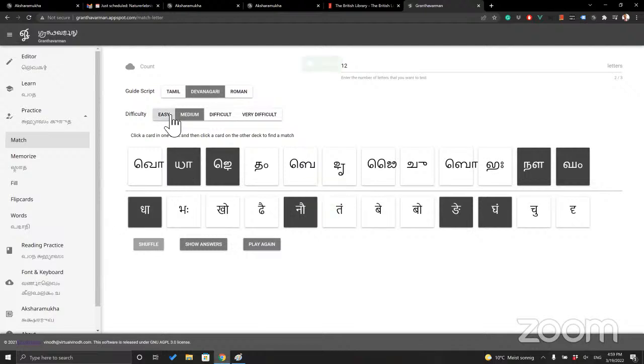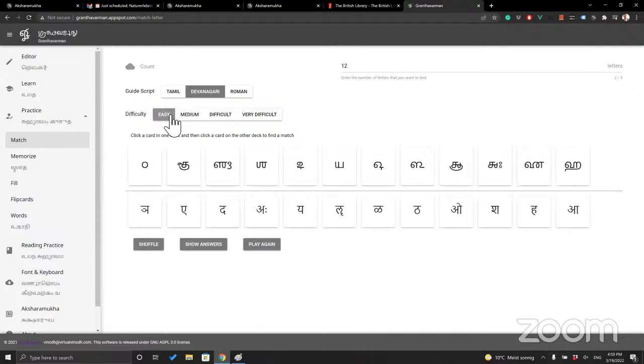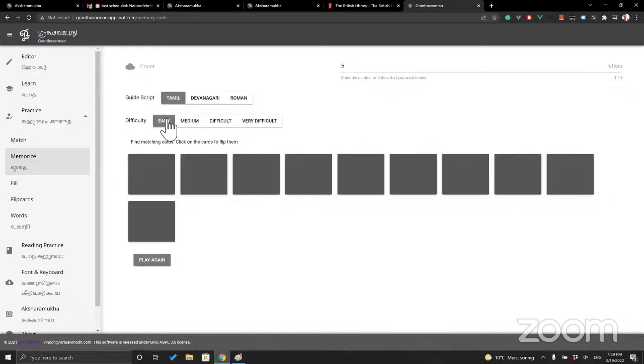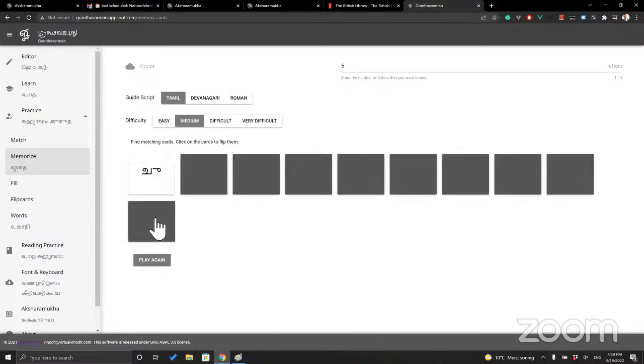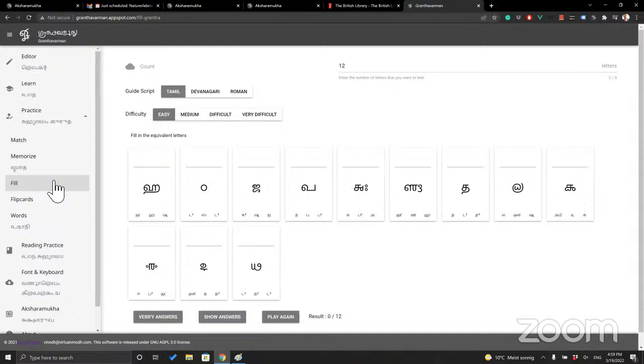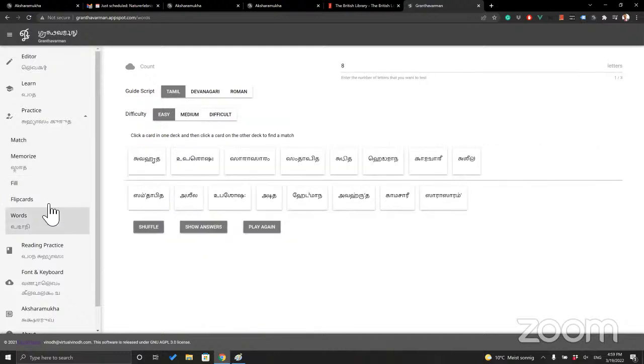And if you go to easy, it gives you basic things. So I have lu, where is lu? I found it here, right? And same thing, right? As long as you switch on to easy or medium, you can try to practice reading basic letters, yeah. That's pretty much it, yeah.